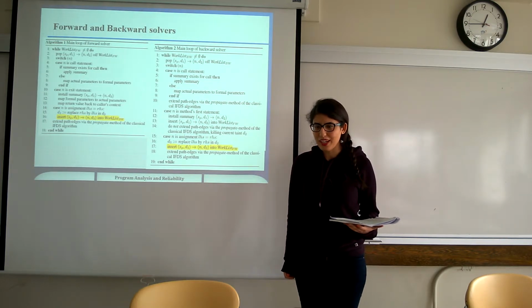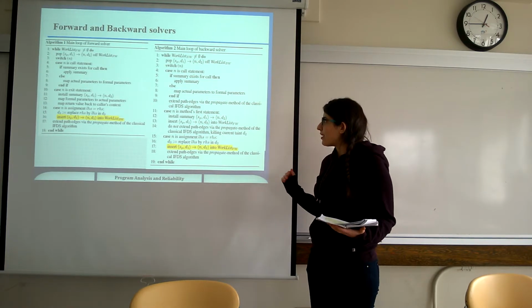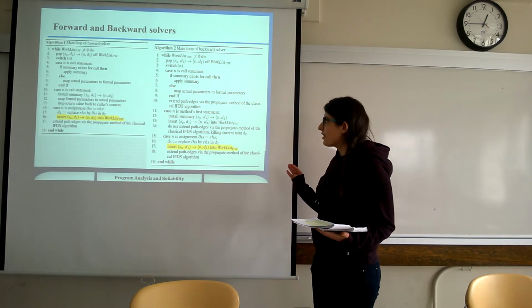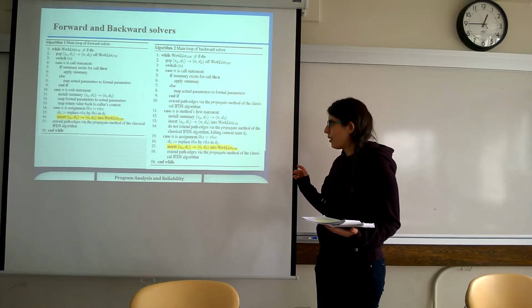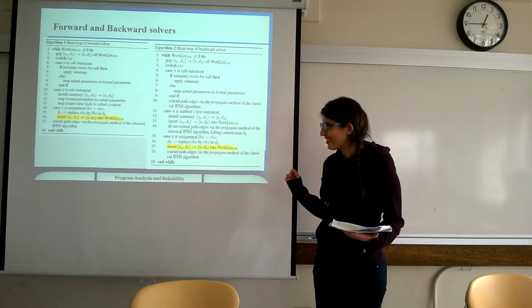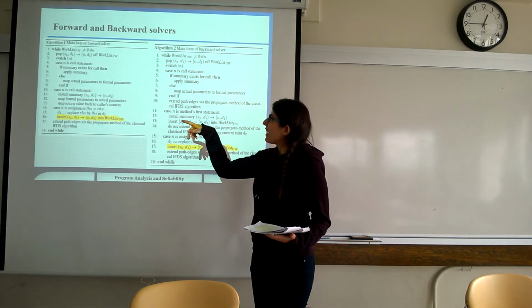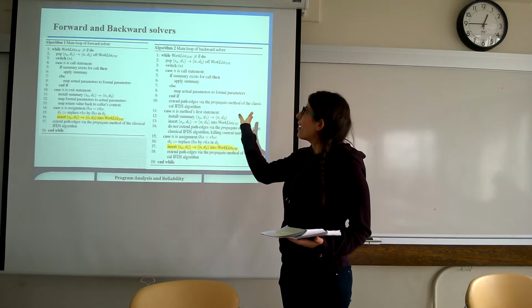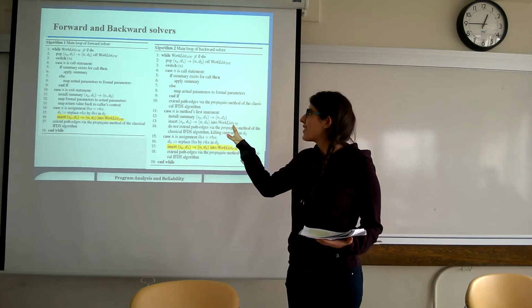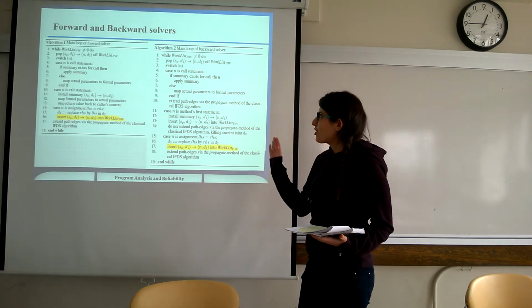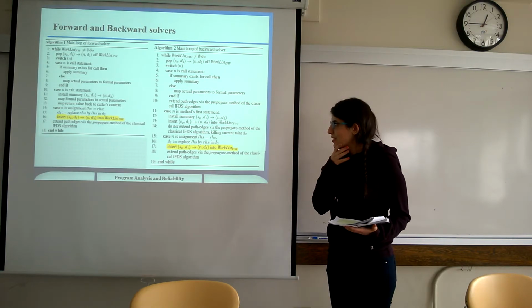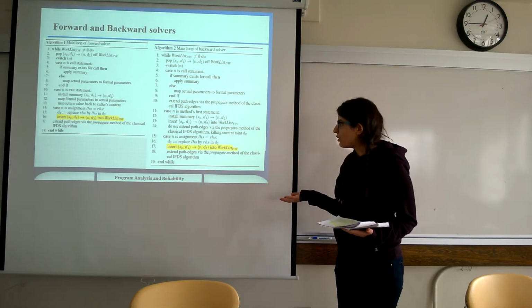So here's the IFDS algorithm. I'm not sure if there was a change or not, but they have going forward and going backward main loops, and for each of them they have a work list which they go through.